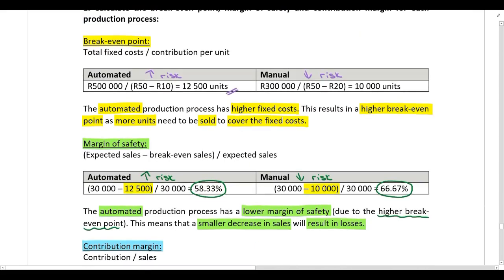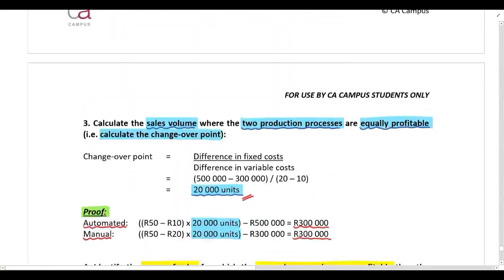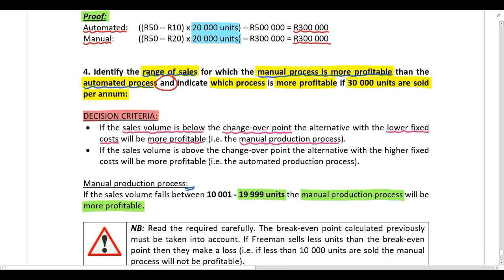We calculated the break-even point for the manual process to be 10,000 units. So if the manual production process is used and 10,000 units are sold, Freeman will break even. They won't make a profit or a loss. So again, go back to the required. Identify the range of sales for which the manual process is more profitable than the automated process.